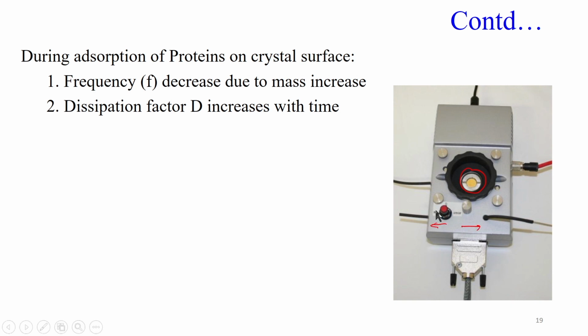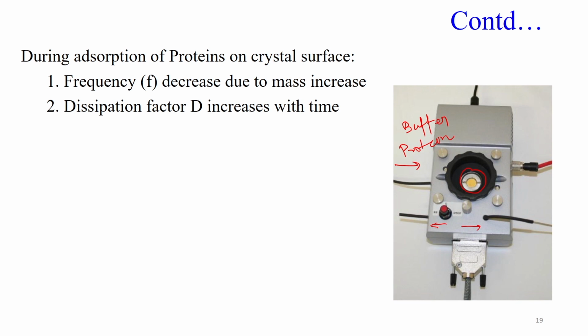Here we are passing either buffer, or we can pass the protein solution, again we can pass the buffer and so on. So, this is a chamber which has a crystal, and over it we are passing the solution. We can analyze the protein adsorption in the static mode, or you can say equilibrium, or in the dynamic mode in the flow conditions.